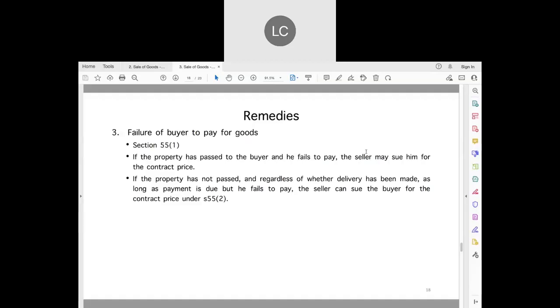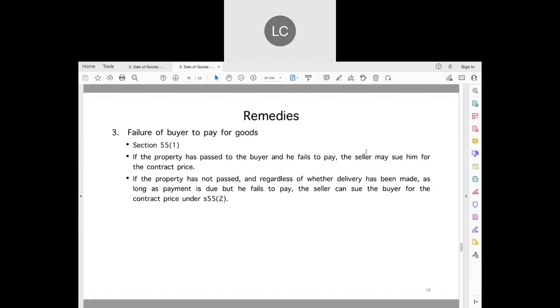Where under a contract of sale, the property in the goods has passed to the buyer and the buyer wrongfully neglects or refuses to pay for the goods according to the terms of the contract, the seller may sue him for the price of the goods. So the operation of section 55 sub 1 depends on the fact that the property in goods has passed to the buyer or not.